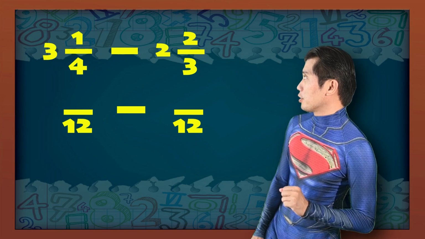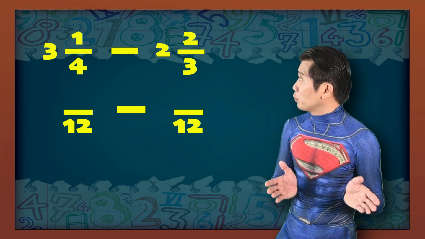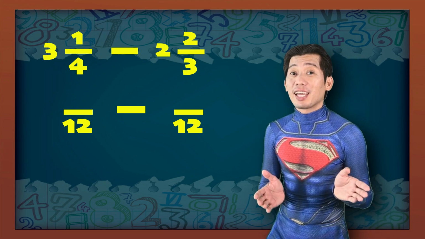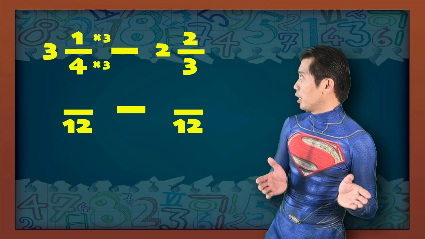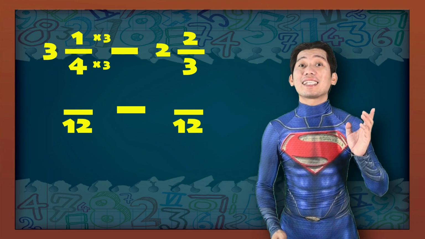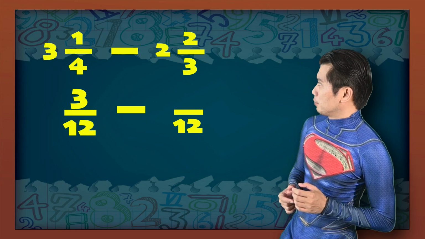1/4, the denominator is 4, and we have to make it into 12. What will you multiply to 4 to make it a 12? Yes, times 3. Times 3 to 4, times 3 to the numerator 1, and the new fraction equivalent to 1/4 is 3 over 12. What about 2/3?